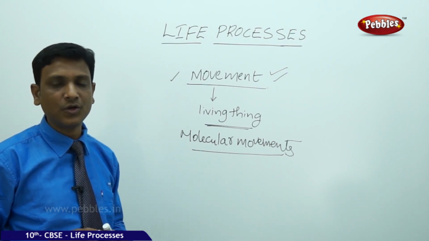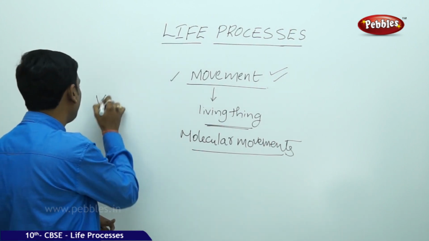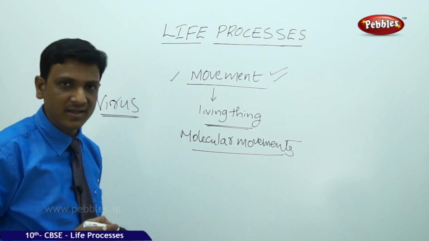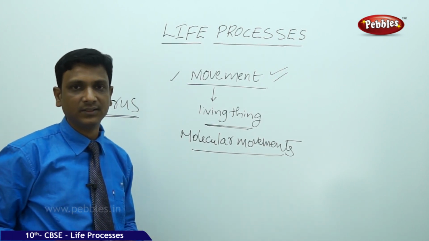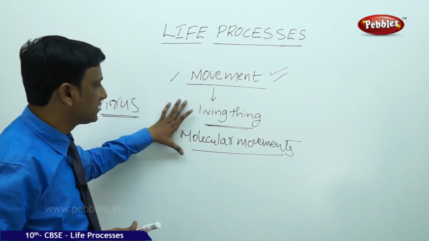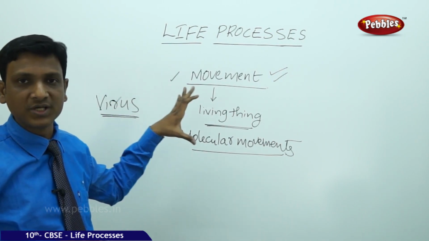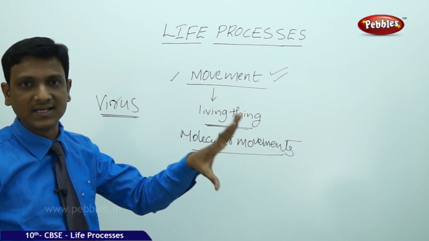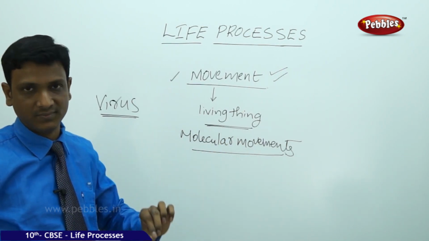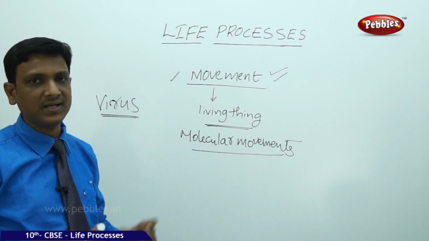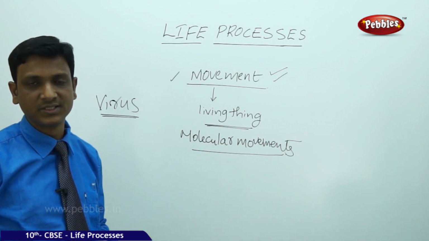Scientists say that there are no molecular movements in a virus. What do you say? Will you consider this virus as a living thing or a non-living thing? According to this, a virus does not have any molecular movements unless it enters a living cell. Unless it enters a living cell, it doesn't show any molecular movements.